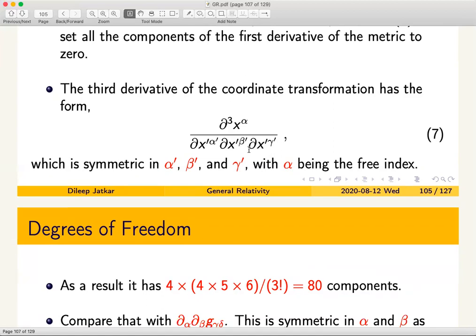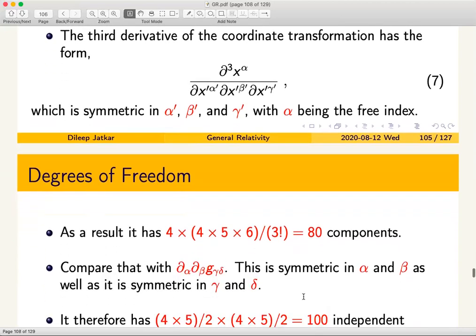If there are more components in the second derivative of the metric, then those are components which we can never set to 0. If there are fewer components, then of course we have too much freedom. In fact, if 80 is larger than the number of components that the second derivative of the metric has, then in principle you should be able to set the second derivative of the metric to 0. Okay, fine. So let's do that exercise now.